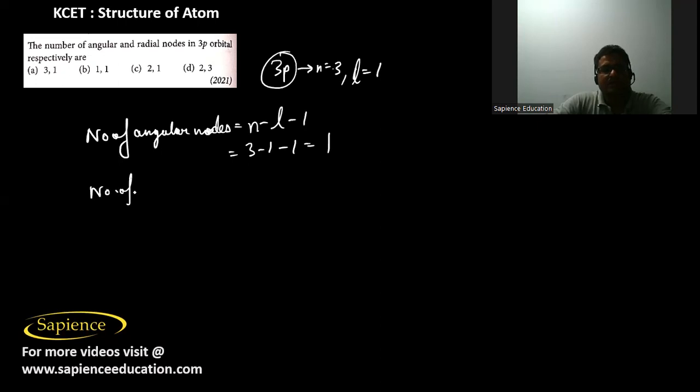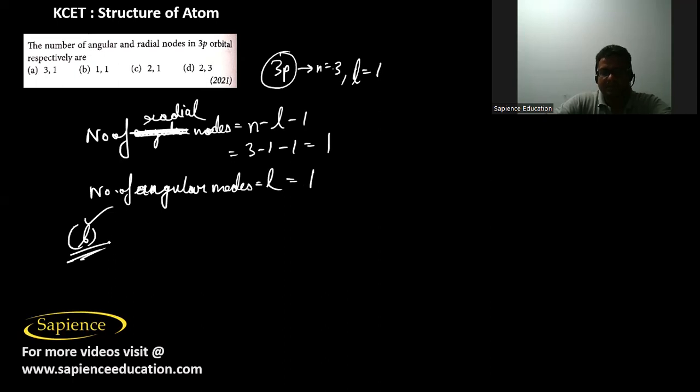And the number of angular nodes is equal to L, which is also 1. So option B is the correct answer. There is one radial node and one angular node in 3p orbital.